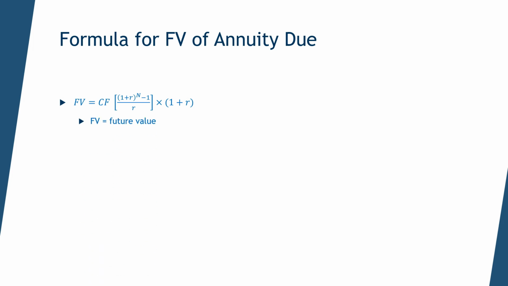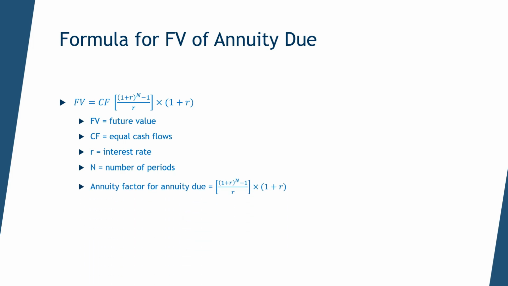So future value, of course, is represented by FV, CF is our equal cash flows, R is our interest rate, and N is the number of periods. So this is the equation that we're going to use. And of course, now we have an expanded annuity factor. The mathematics are just a little bit longer.